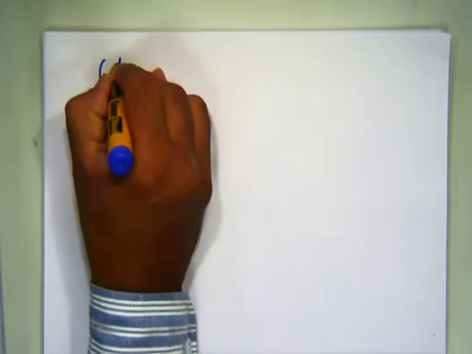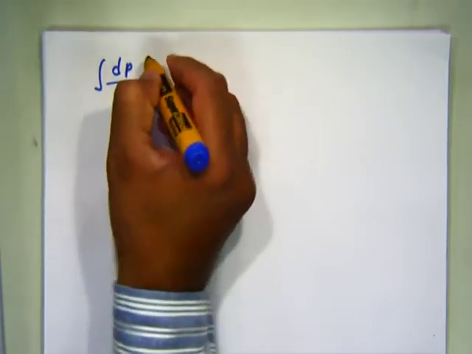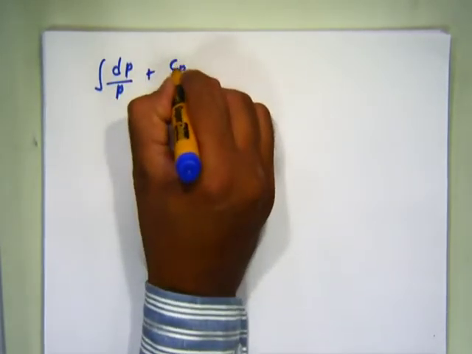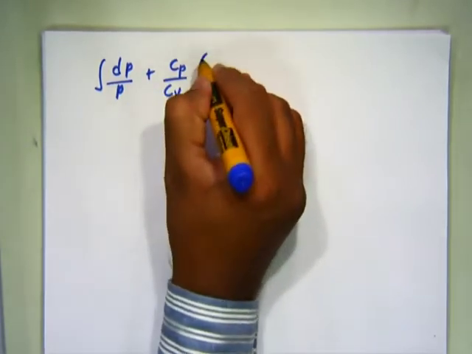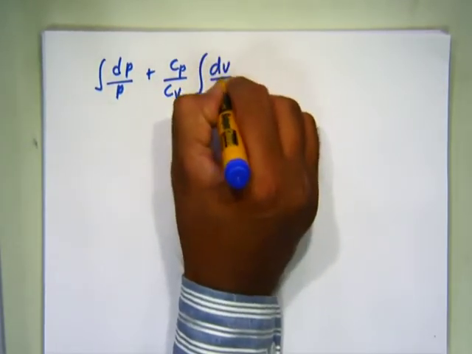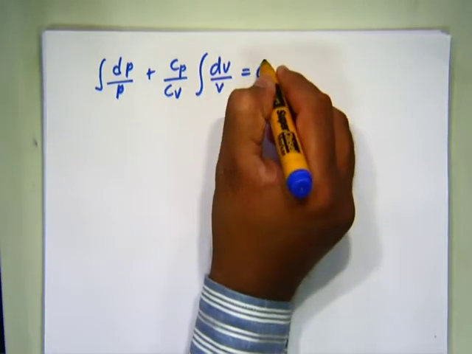Integrating dP by P plus Cp by Cv, that is gamma, integrating dV by V is equal to 0.